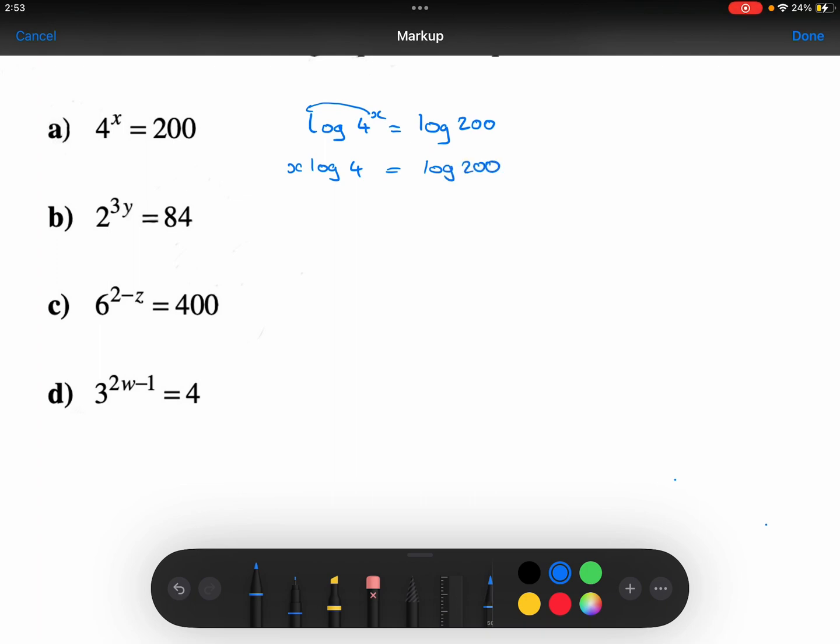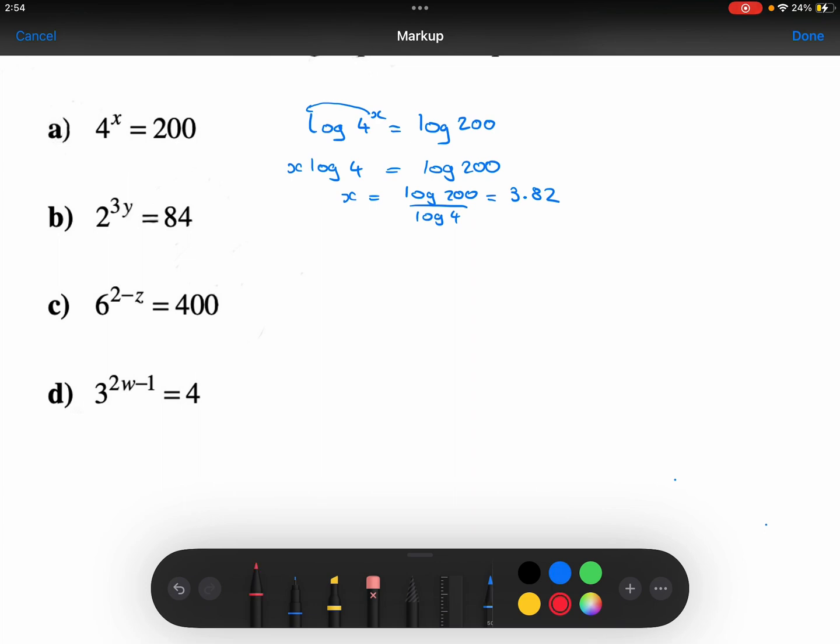And now I can divide both sides by log of 4 to get that x is equal to log 200 divided by log 4. If I put that into my calculator to 3 significant figures, my answer is 3.82.